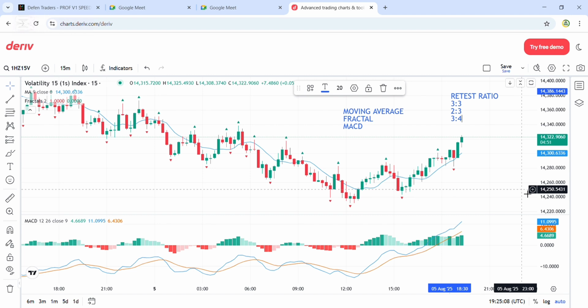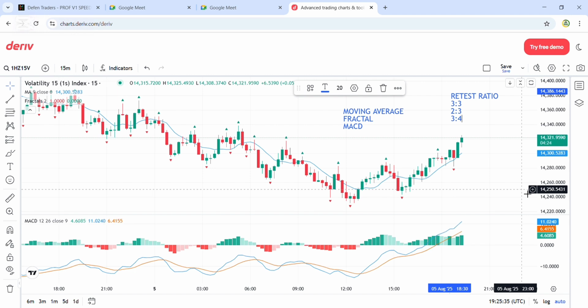If you're trading rise, when the candle moves down the first retest, second retest, the third retest becomes your entry point, because from the behavior this candle has been showing, you know that it will move upward 3 times for you to secure a win on the rise.